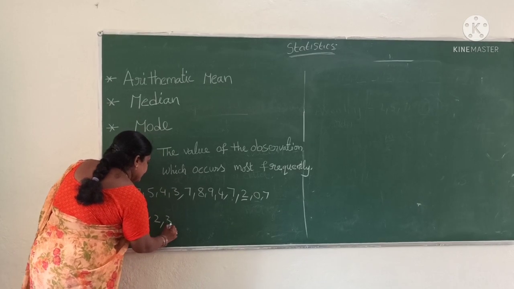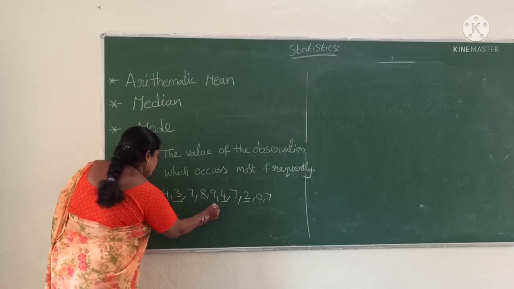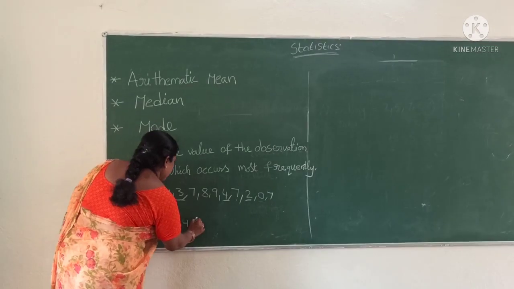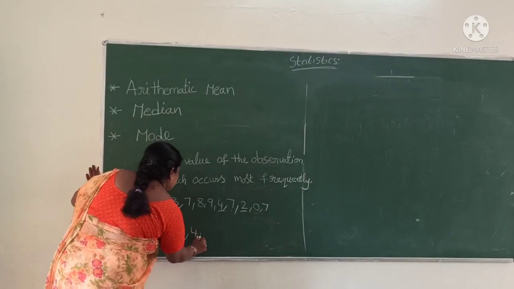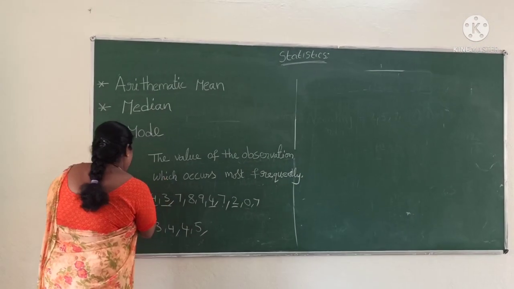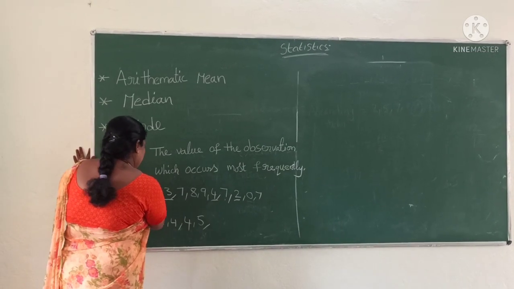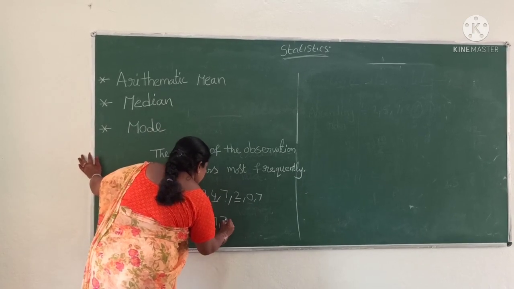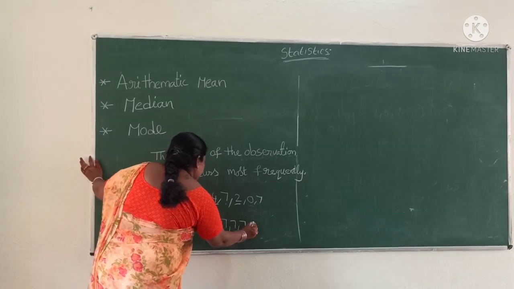Next 3 and 4. 4 comes 2 times. 4, 4. And next one is 5. Next is 7. How many times 7? 1, 2, 3, 4 times. 7, 7, 7, 7.